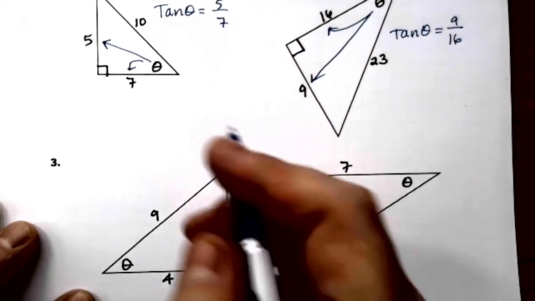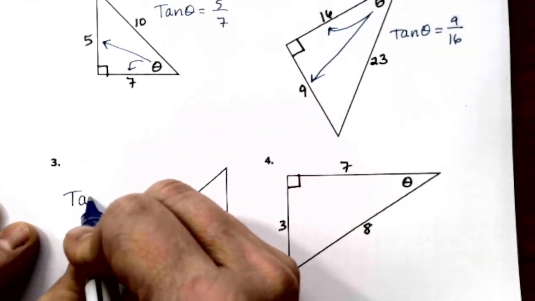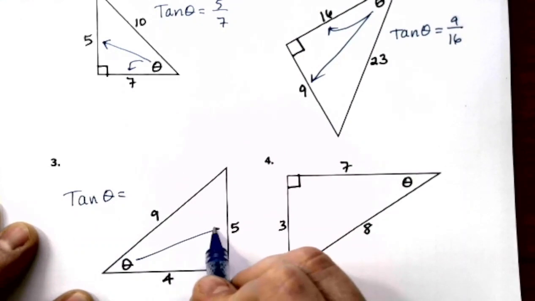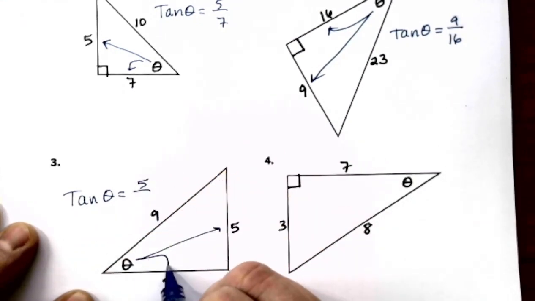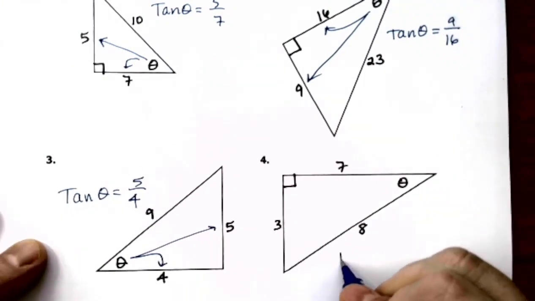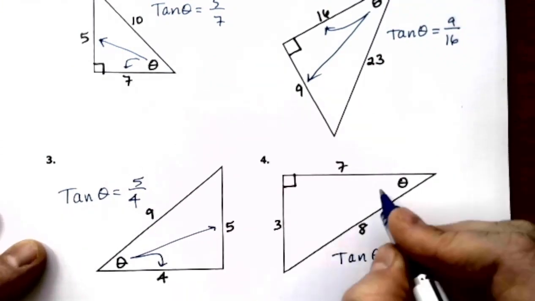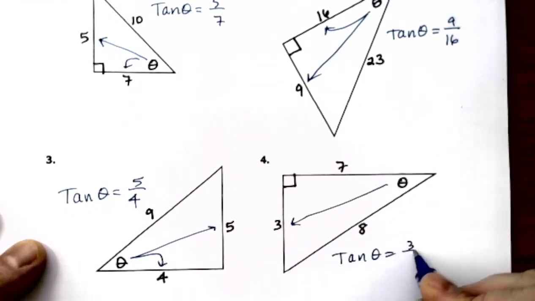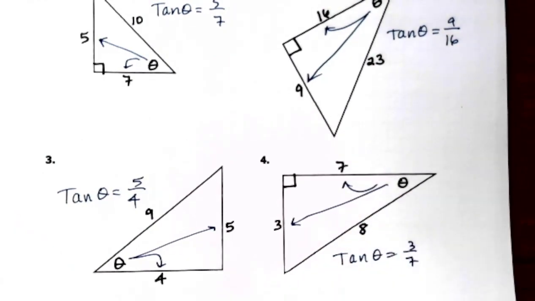Number 3, tangent of theta equals opposite, which is 5, over adjacent, which is 4. And the last one, tangent of theta equals opposite, which is 3, over adjacent leg, which is 7.